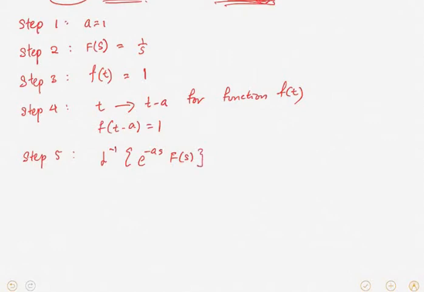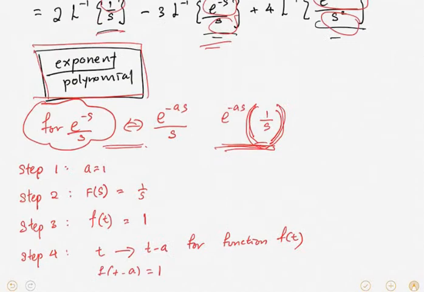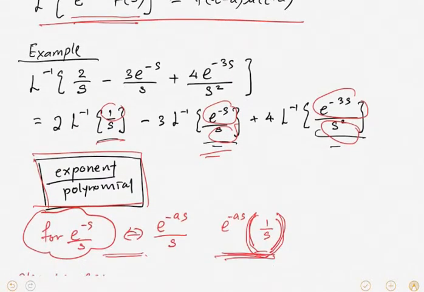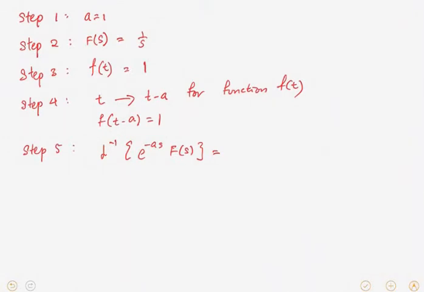So it would be equal to, if you follow the formula, f(t minus a) u(t minus a). Now f(t minus a), what is the value? It is equal to 1.